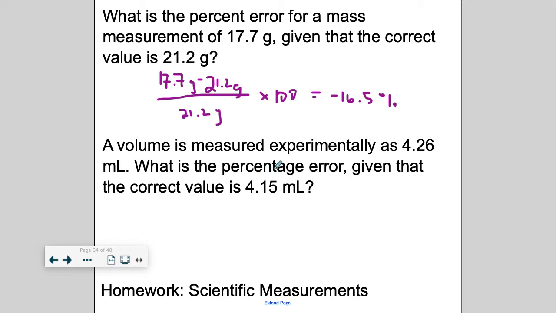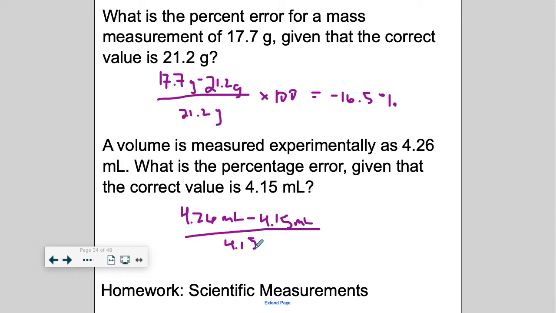Okay, a volume is measured experimentally as 4.26 milliliters. What's the percent error given that the correct value is 4.1 milliliters? 2.7%? Oh, all right, so I've got to set this up here. Hold your horses, speed racer. So fast.